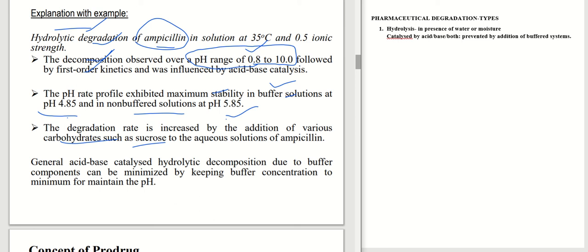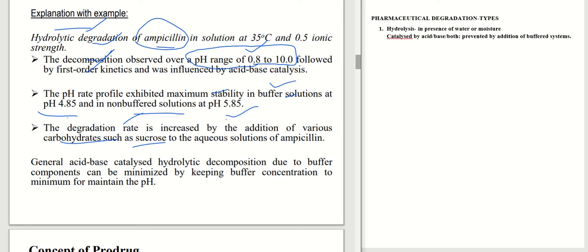So hence the presence of sucrose also plays a major role, and it increases the degradation rate. Now, why did we speak about sucrose here? Because we are speaking about the acid and base catalysis, effect of acid presence or effect of base presence. Why is it necessary to speak about the sucrose here?